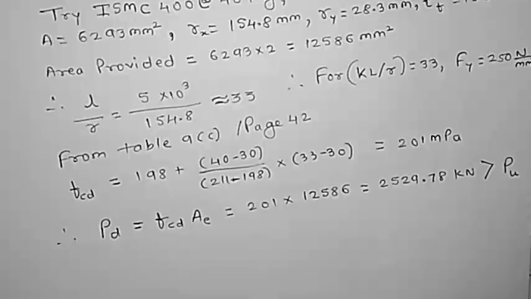So this is our second step, where first of all we have assumed what exactly the area needed is, and from that we have assumed one of the sections, and from that section we have calculated the design compressive strength, which should be greater than our factored load.